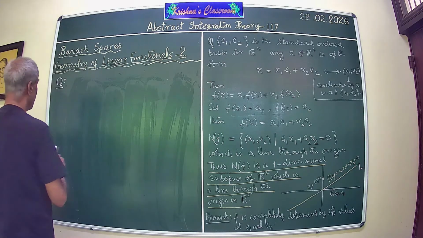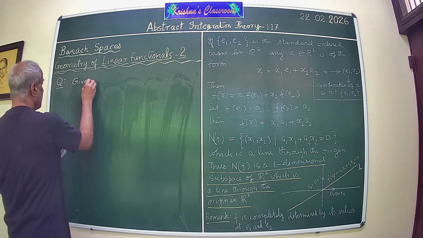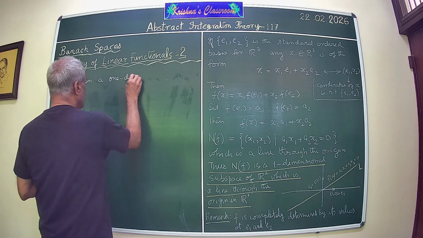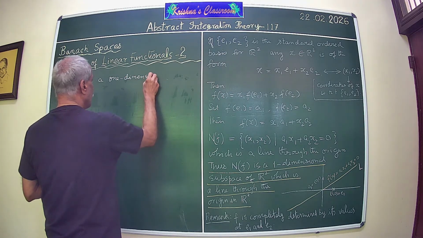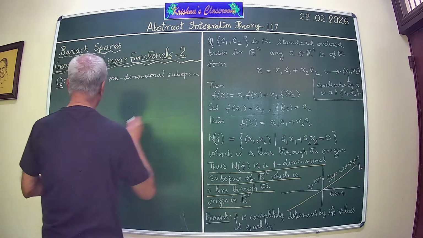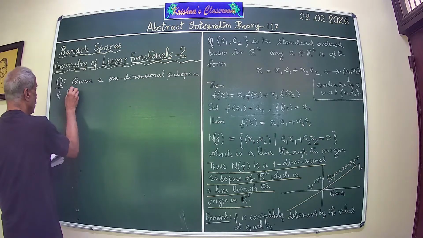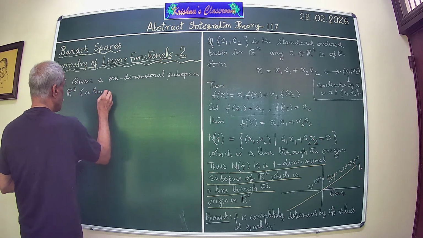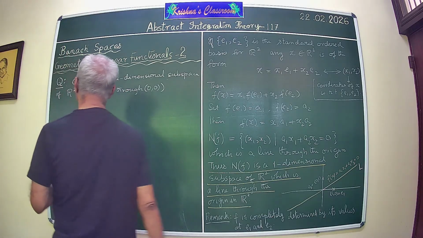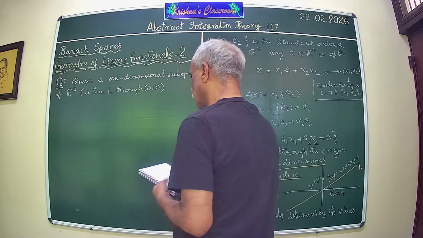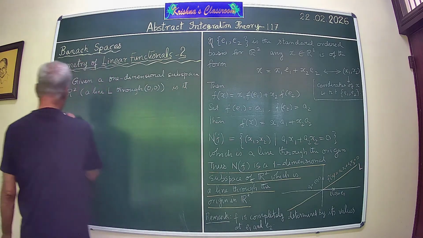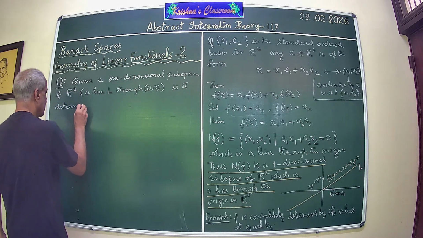So the question that you ask is this: given a one-dimensional subspace of R2, a line through the origin, is it determined by a linear function?